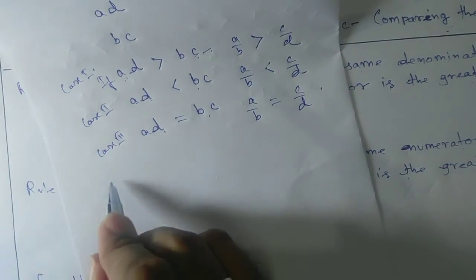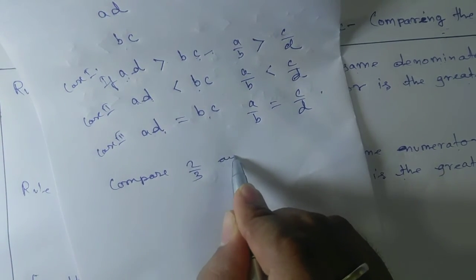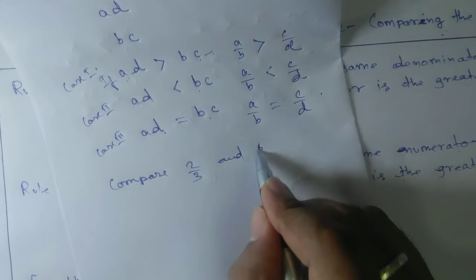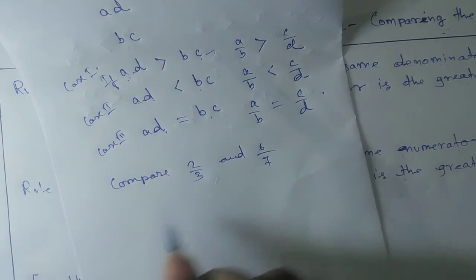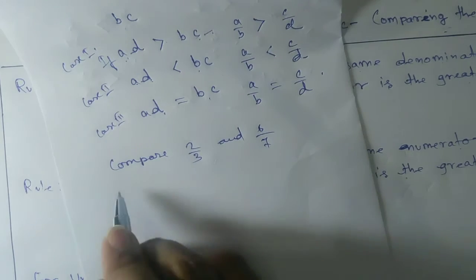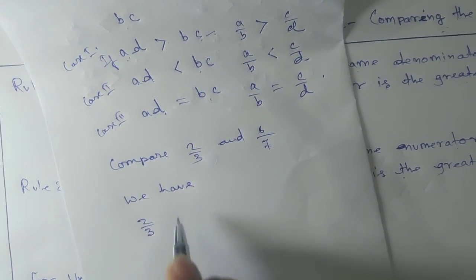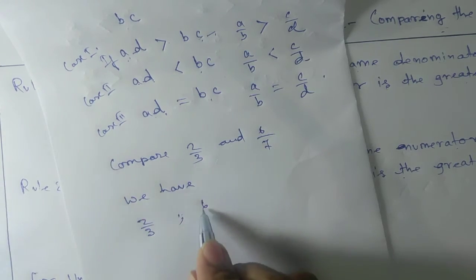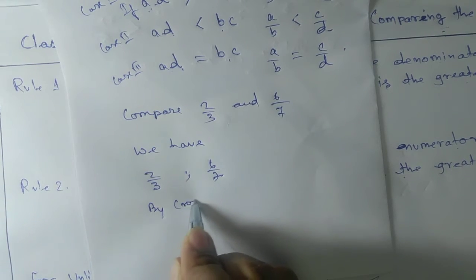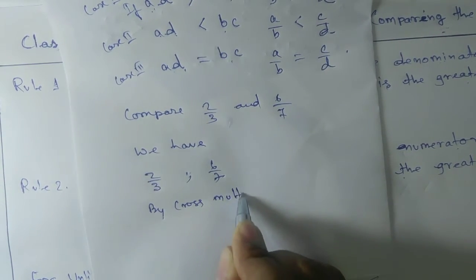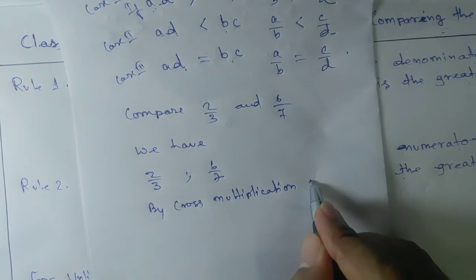Now a question may be asked: compare 2 by 3 and 6 by 7. How are we going to do it? We have 2 by 3 and 6 by 7, by the cross multiplication method.